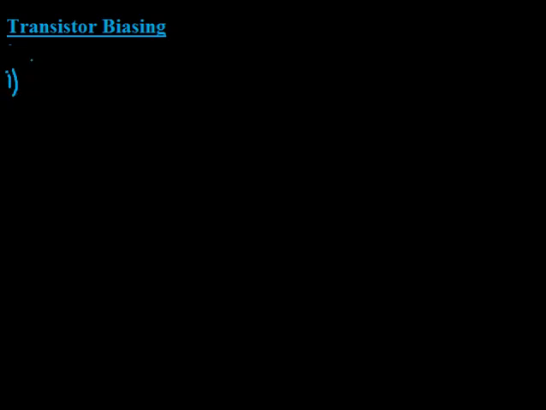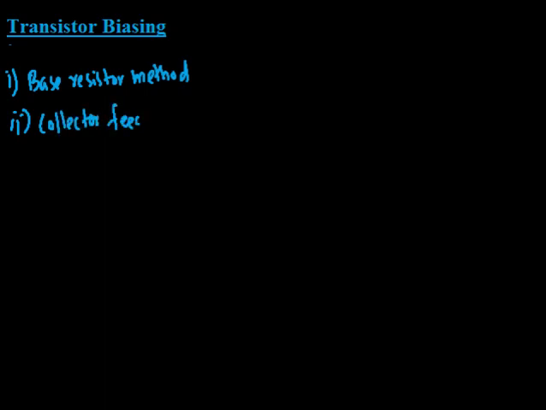The different circuits used for transistor biasing are the base resistor method, another one is biasing with the collector feedback resistor, and another one is the potential divider bias or voltage divider bias.